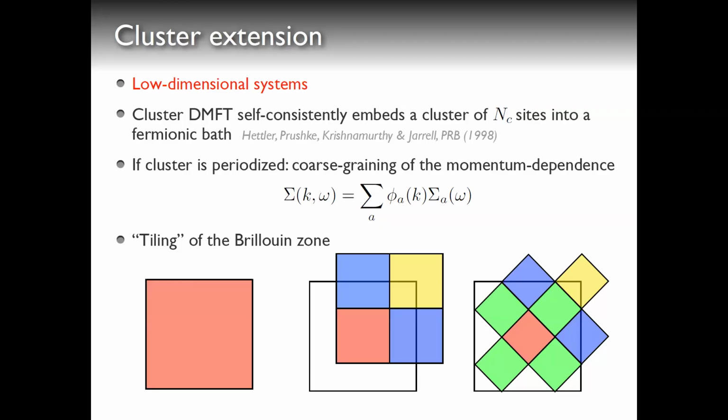In a 4-site dynamical cluster approximation calculation, we would decompose our Brillouin zone into 4 patches, and then the self-energy can take 4 different values in principle on these 4 patches, and in an 8-site cluster calculation, we would decompose it like this. And by going to larger and larger clusters, we can capture more and more longer-ranged spatial correlations.